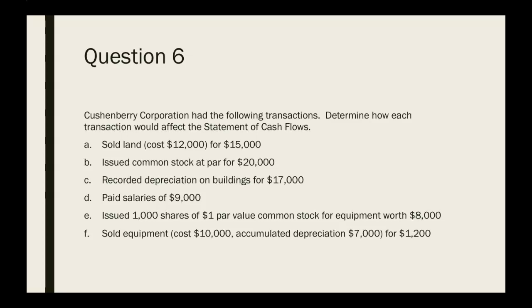But before we even do that, let's talk about the different parts of a statement of cash flows. So we have 3 different types of activities. We have operating activities, investing activities, and financing activities. So there's some common examples here for each type of activity. Operating activities will include changes in current assets. So that's stuff like accounts receivable, inventory, supplies. Changes in current liabilities.